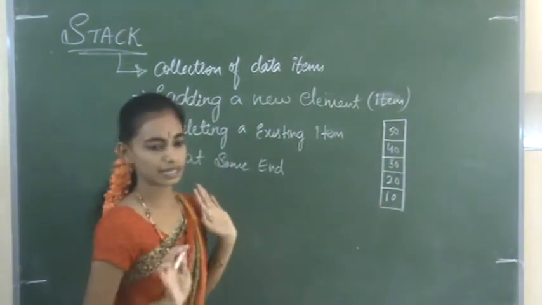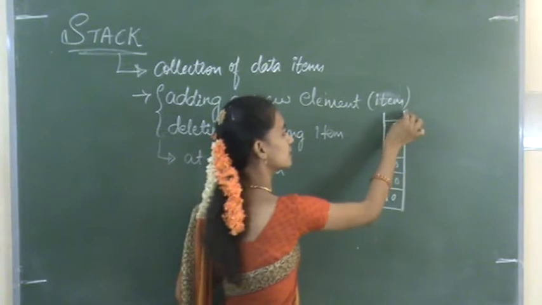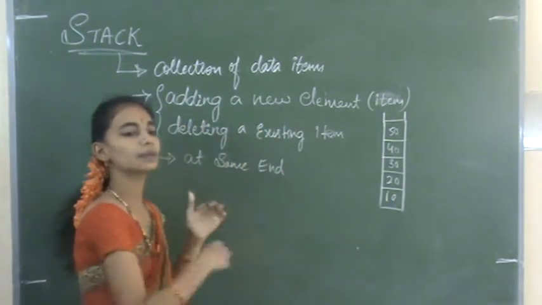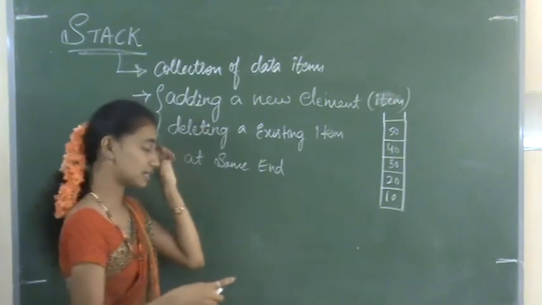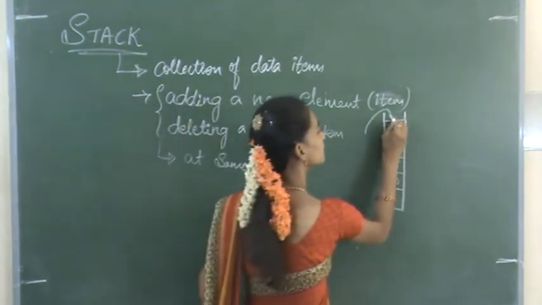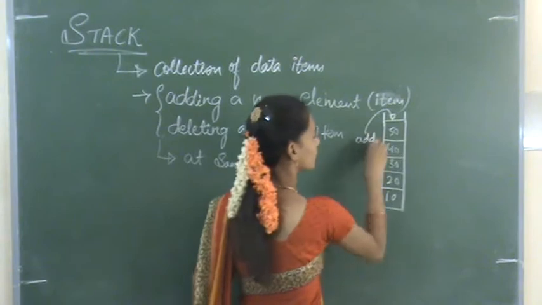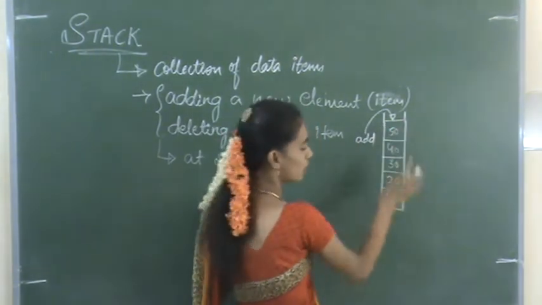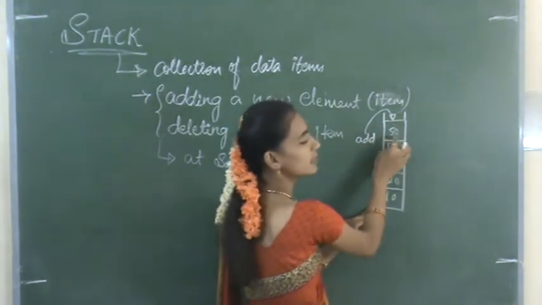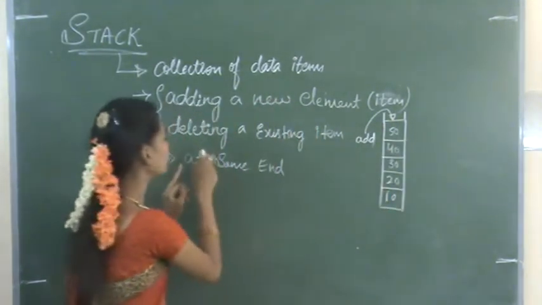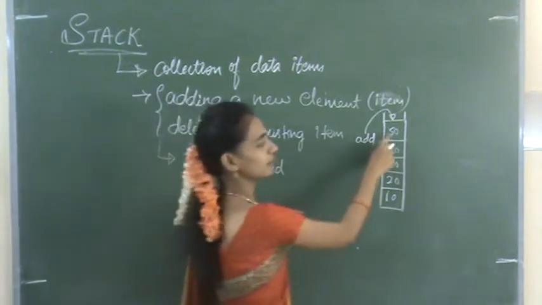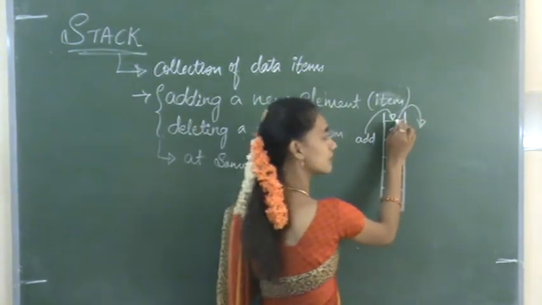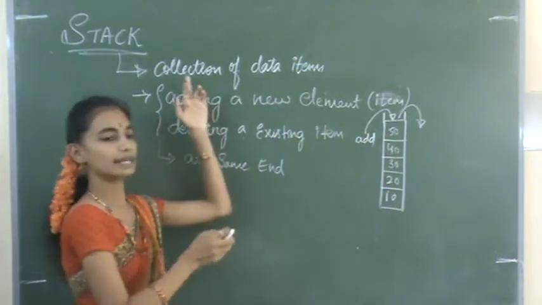If we want to add a new element into the stack, we have to add it at the top. Here we considered this as the top. If we want to delete an existing element, that will be done at the same end.